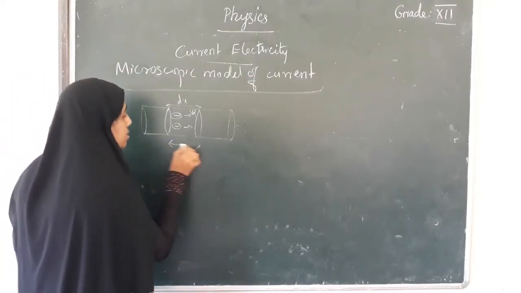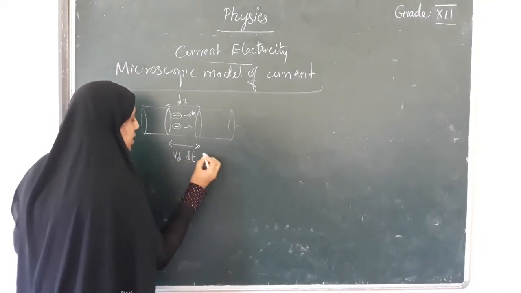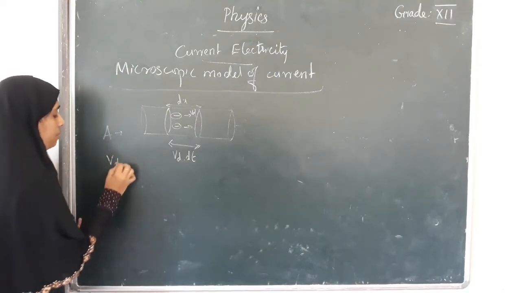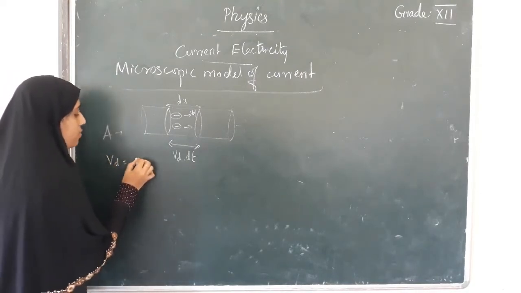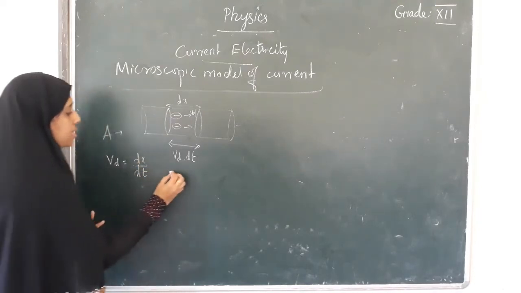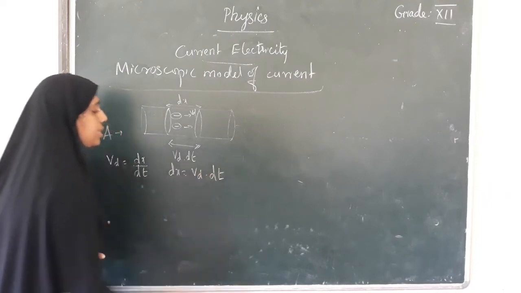Now the distance dx can be given as Vd into dt. How can we write? The velocity can be written as rate of change of displacement, so dx by dt. From this, dx is equal to Vd into dt.